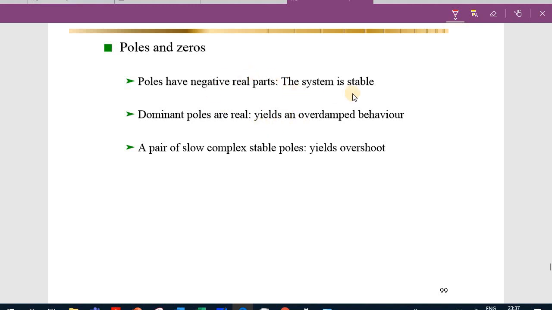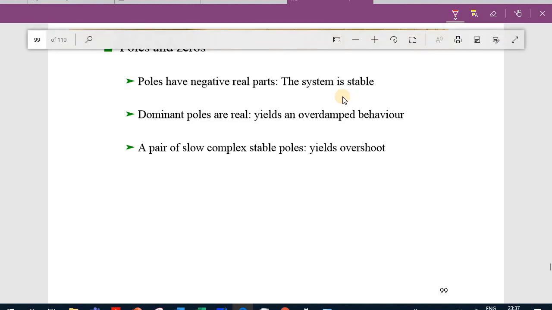A pair of slow complex poles being stable does not mean it's underdamped or overdamped. Stable means that it reaches a new steady state. However, is it oscillatory? Because we have no complex roots, only real roots, it is not oscillatory, and that is why it is overdamped.